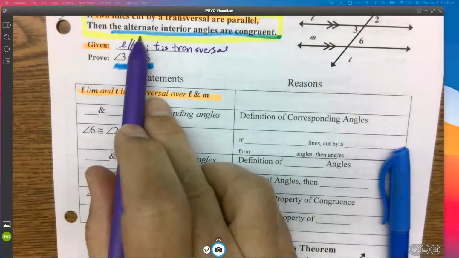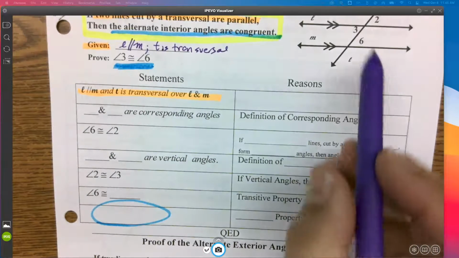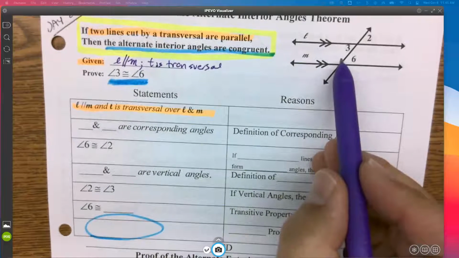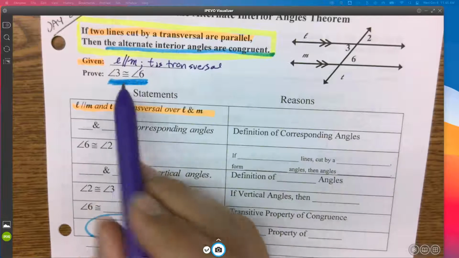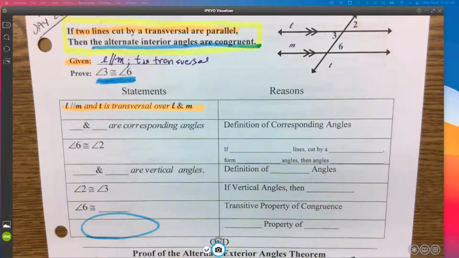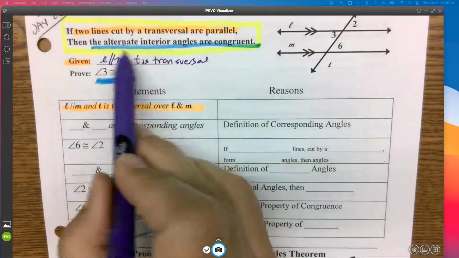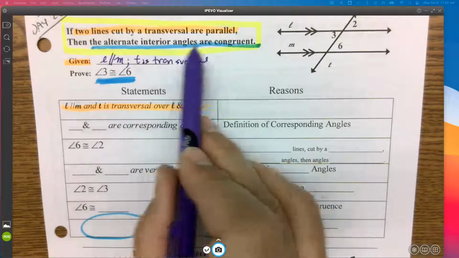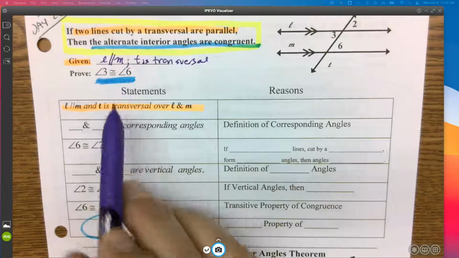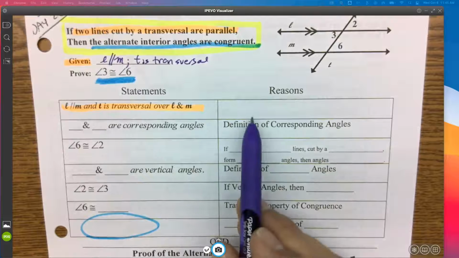We're trying to prove that alternate interior angles are congruent. So up here, which angles are alternate interior? 3 and 6. So I'm going to prove that 3 and 6 are congruent. Now, I've just added in this idea that the hypothesis is the given and the conclusion is the proof. But otherwise, we should be able to do a couple of steps.